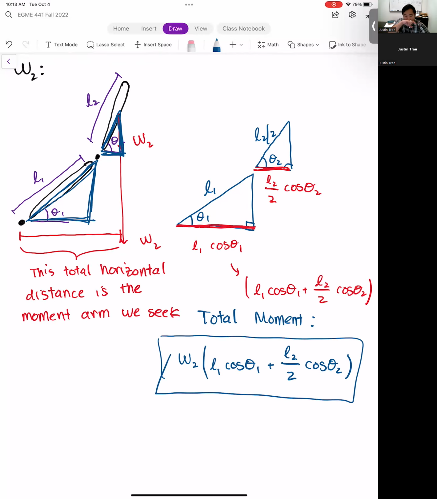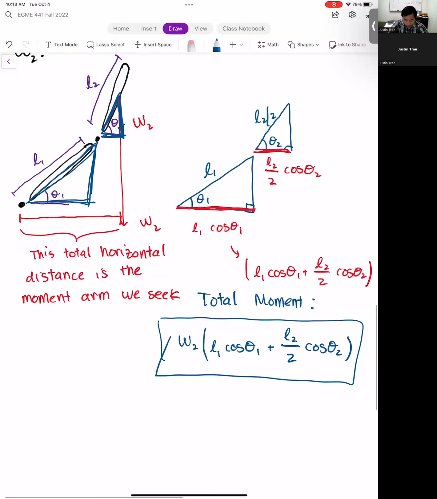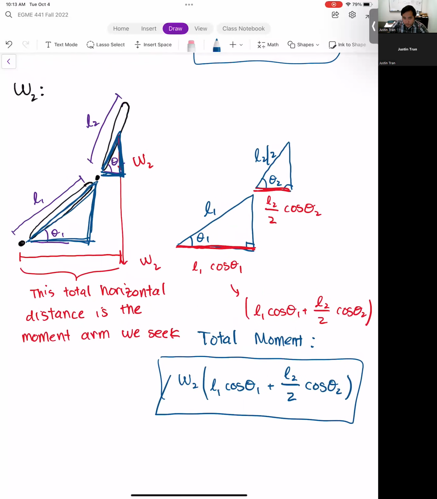I'm not going to do the moment for W, because it follows the same logic as W2, but you can see that sometimes to get the exact moment arm, you're going to have to take the sum of multiple things. So don't be afraid to do something like this, especially when it's warranted. And so that's the moment arms for the weights.